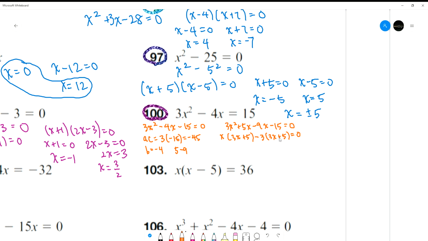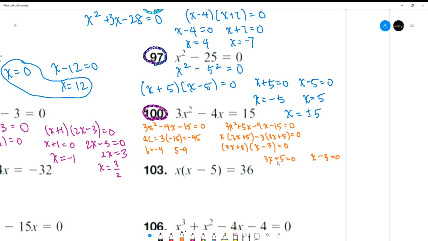Now in the two terms, we have the common binomial factor of 3x plus 5. And the second factor is x minus 3. So now we can set each factor equal to 0. 3x plus 5 is equal to 0. We have x minus 3 is equal to 0.